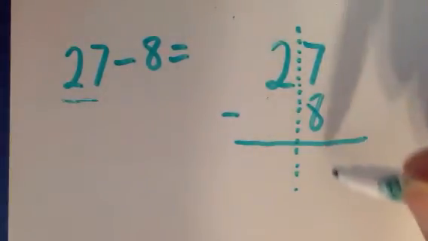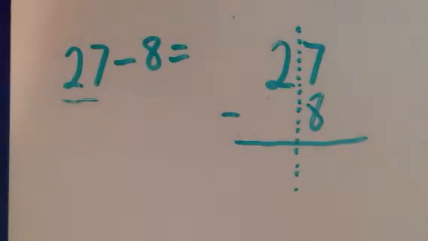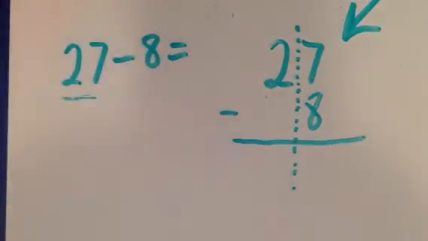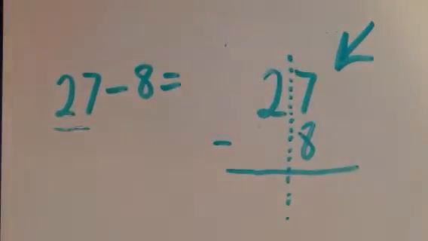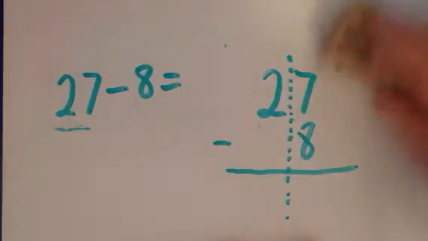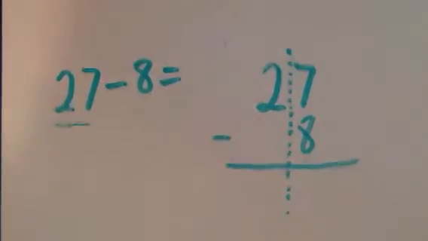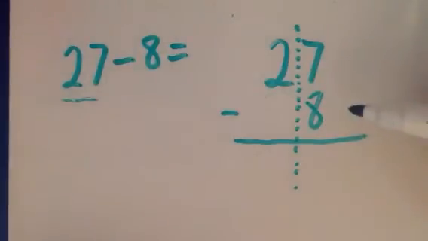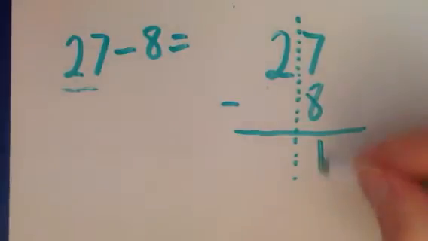We've got our ones here, we've got our tens here. Now, when you subtract, you must start at the top of the ones place. You must start at the top of the ones, and I'm going to show you why. A lot of kids do this, and I see this into 4th and 5th grade, even into 6th grade sometimes, where kids will look at this problem and go, 7 minus 8, oh, I can't do that, but I'm just going to go 8 minus 7, and 8 minus 7 is 1.